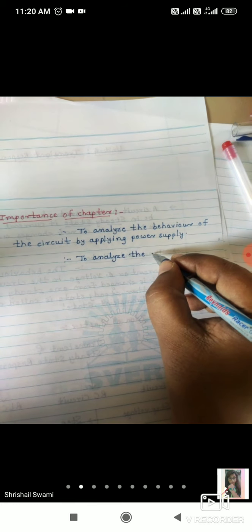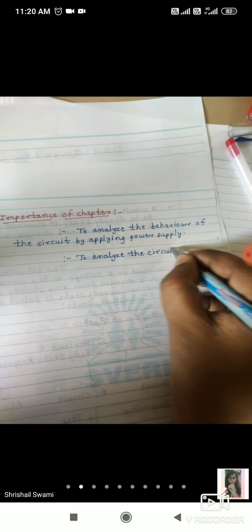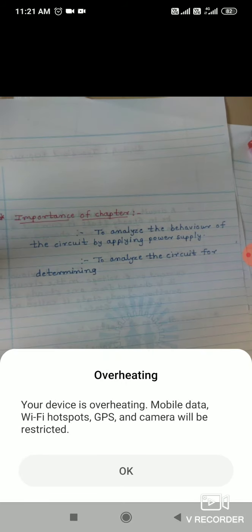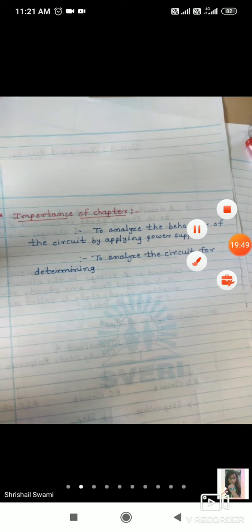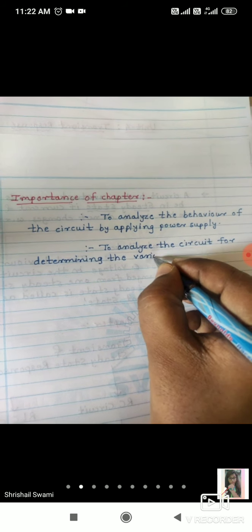So we can say, to analyze the circuit for determining various responses in the circuit.